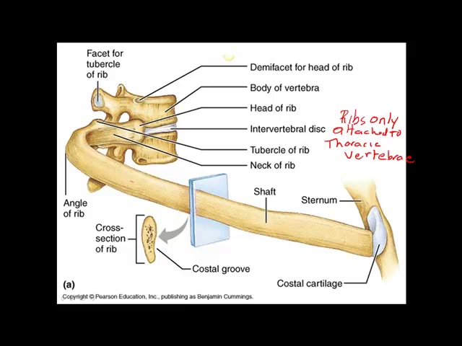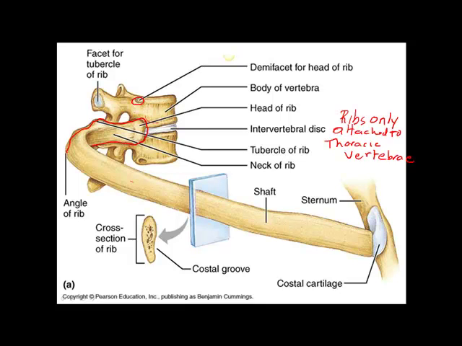Attached to thoracic vertebrae. We're going to learn all these features of the vertebrae later. I wanted to show you here how the attachments of the ribs look on the vertebrae. You see this right here?